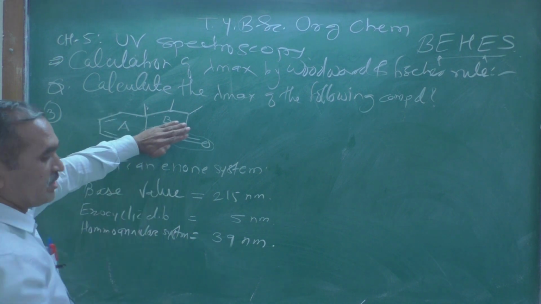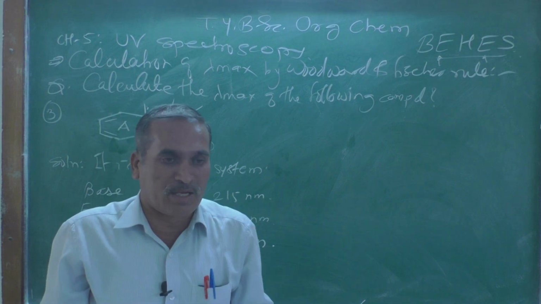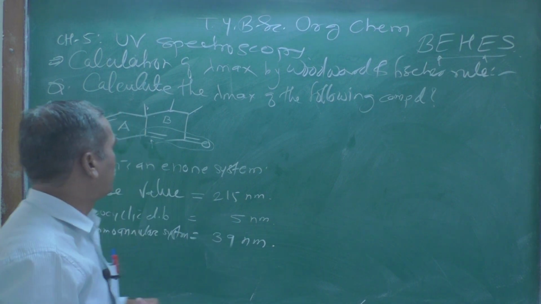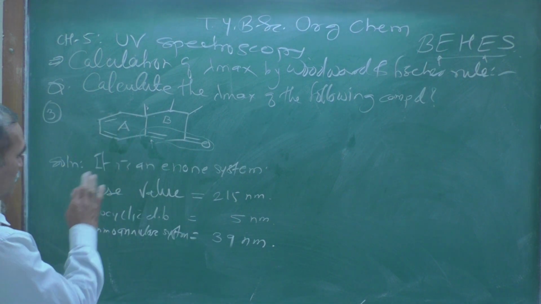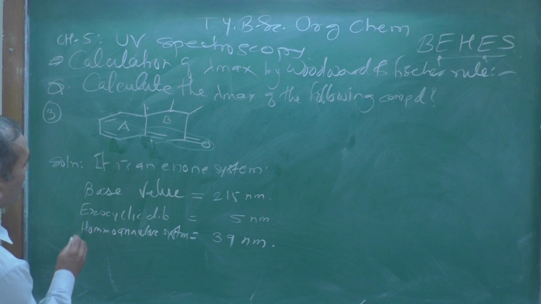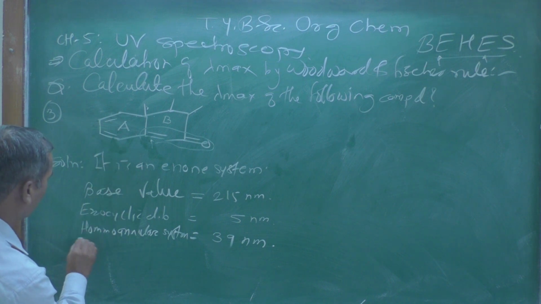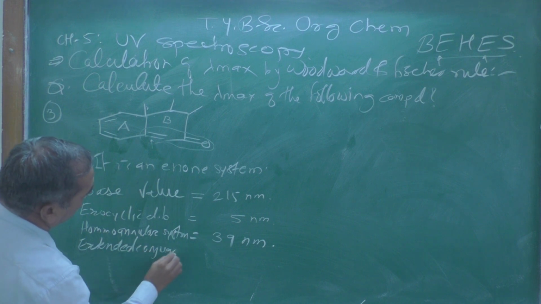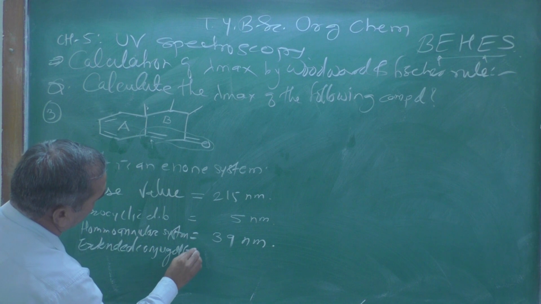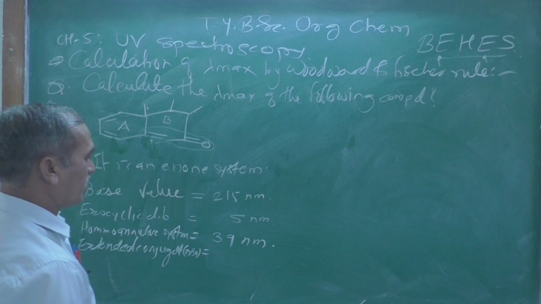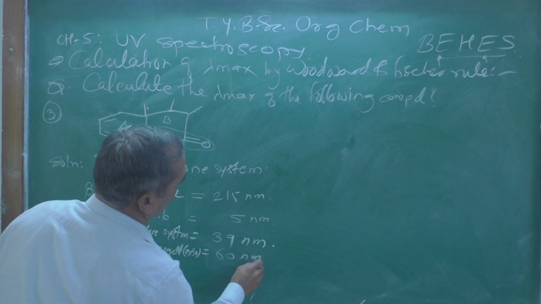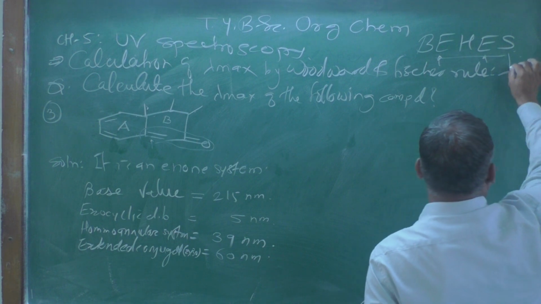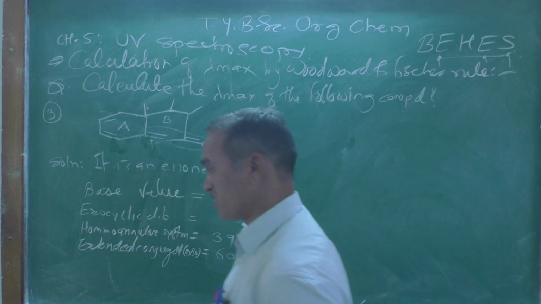Here 1 and 2, there are 2 extra double bonds present in this compound, and therefore you can write here there are 2 extended conjugations, and extended conjugation 2 into 30, so it becomes 60 nanometer, right?